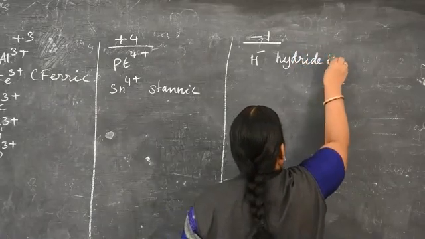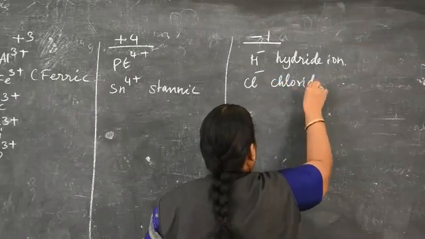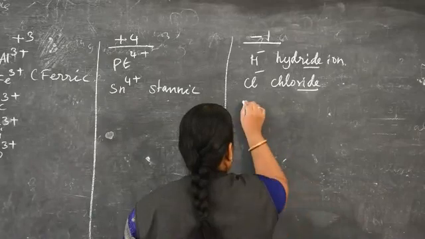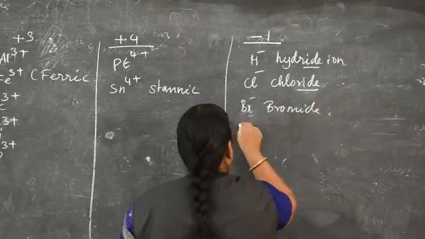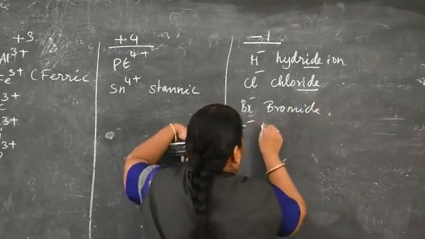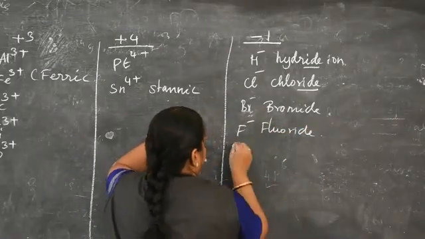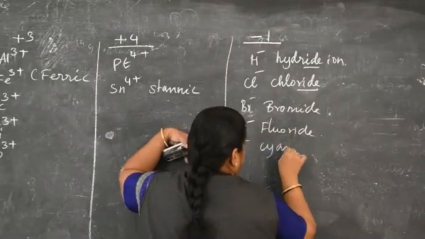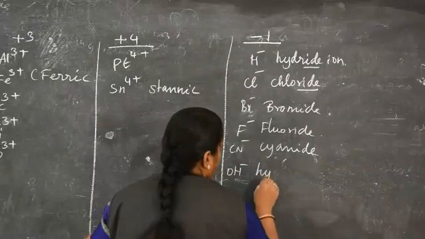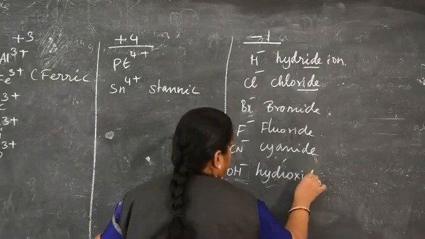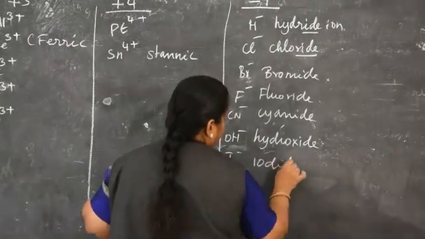This is called as hydride ion, and Cl-, chloride ion, Br-, bromide, F-, fluoride, CN-, cyanide, OH-, hydroxide, I-, iodide, like that.